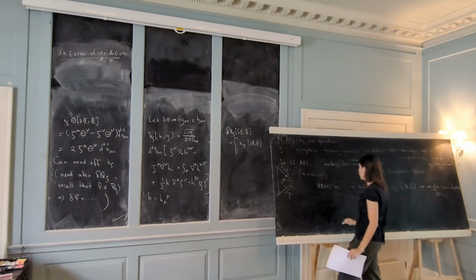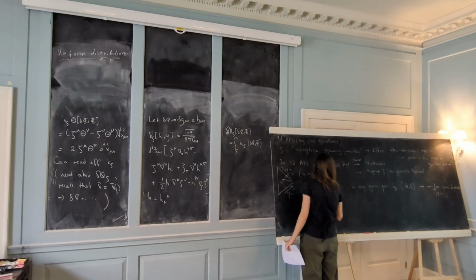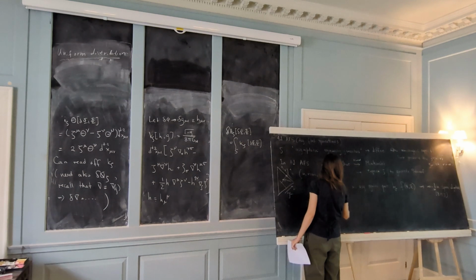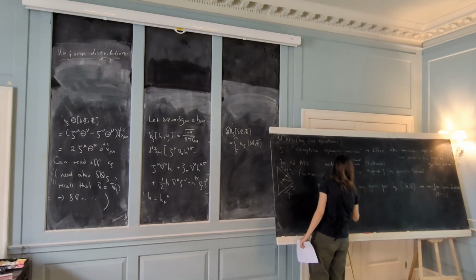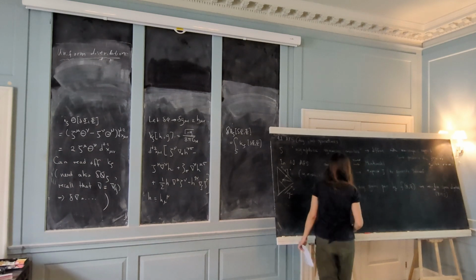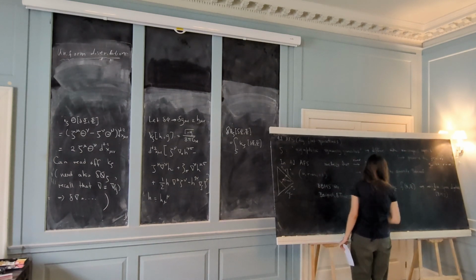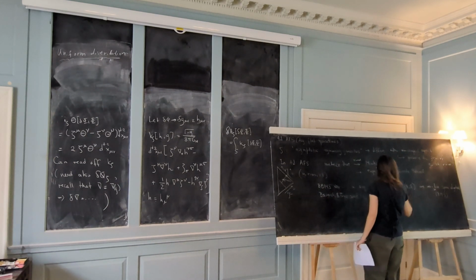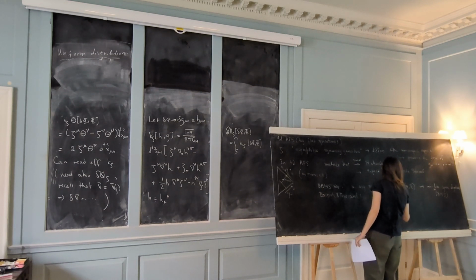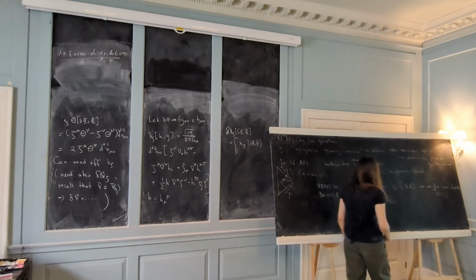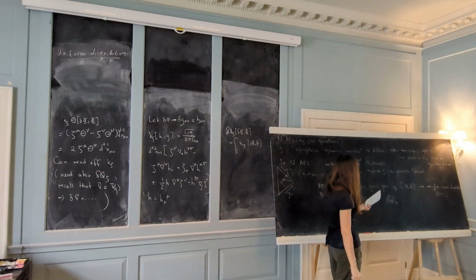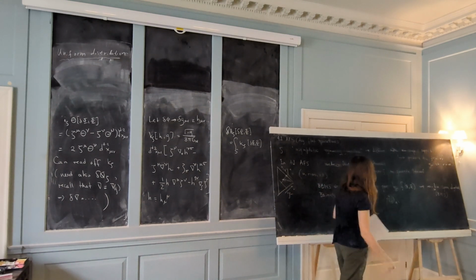And later on, Barnich and Troessaert, so this was only in 2010, actually also showed that you can further get an enhancement to include vector fields, basically conformal vector fields on the sphere.